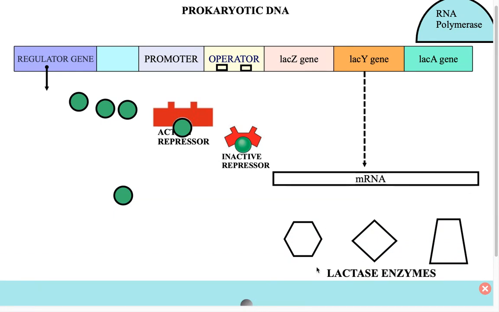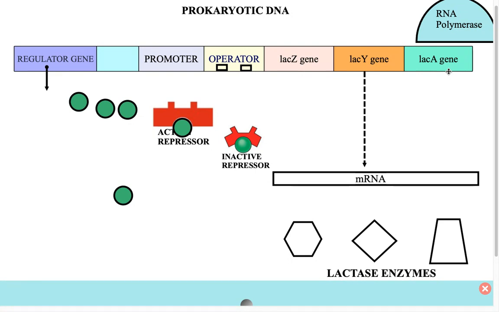Now we just put 3 shapes here, but the lac-Z gene is going to code for beta galactosidase, which cleaves lactose into 2 monomers. Then the lac-Y gene is going to code for something called beta galactoside permease. And what a permease does is it just allows more of that material into the cell. And then we're going to have the lac-A gene, which is going to code for beta galactoside transacylase.